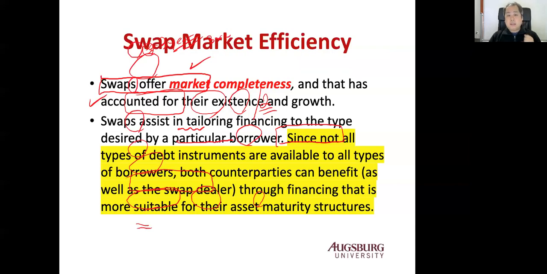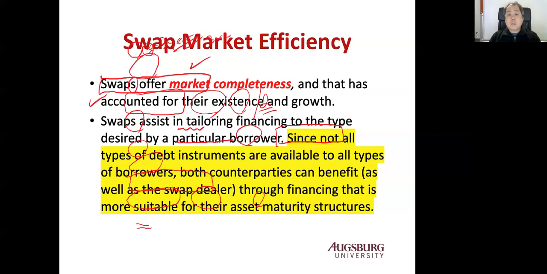So swaps assist in tailoring finance to the type desired by a particular borrower, because every type of loan is not available. You cannot borrow everything, right? Every instrument. Some loans, some debt you cannot borrow.